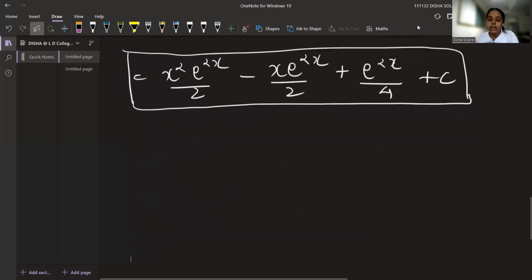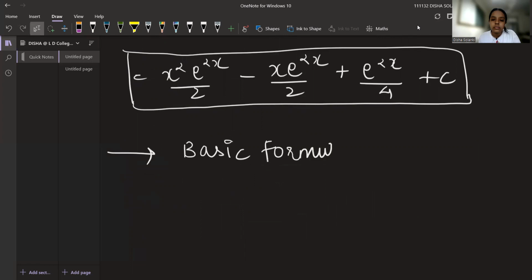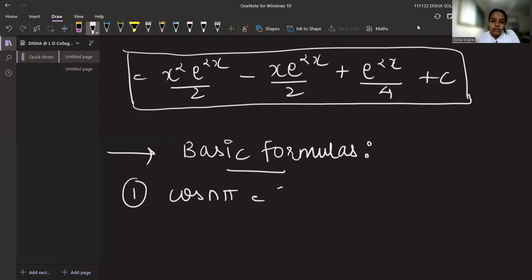The basic formulas are: first, cos n pi equals cos minus n pi, which is equal to minus 1 power n.